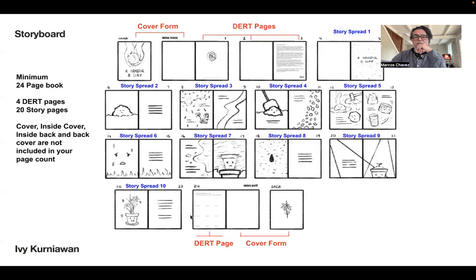And so here you can see a little bit better. The cover form is the first 2 and last 2, and the first 3 dirt pages, and then the last page 24 is the dirt page, and then the rest, you see it starts story spread 1, which is going to be your title spread, and all the way to the spread 10. So there's 10 spreads in this design to work with.